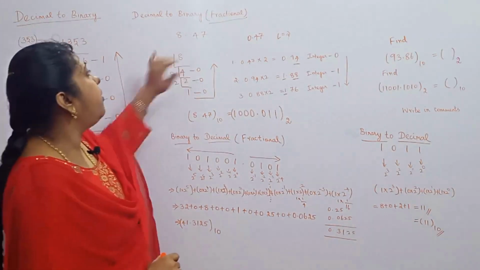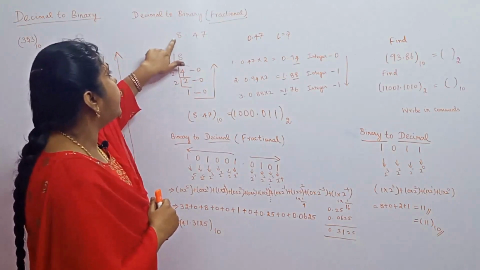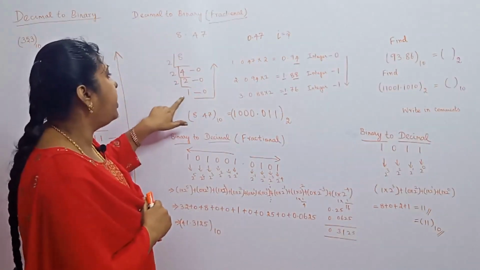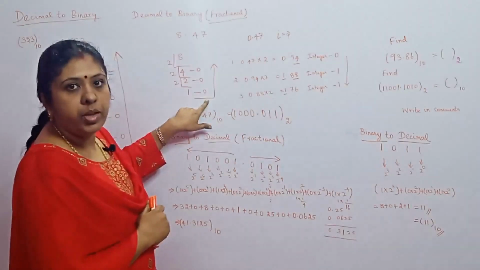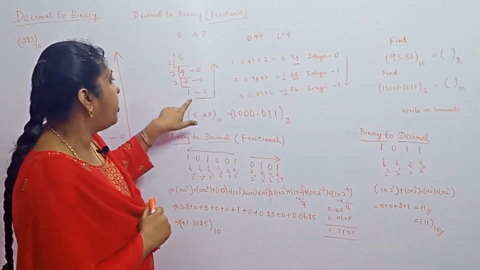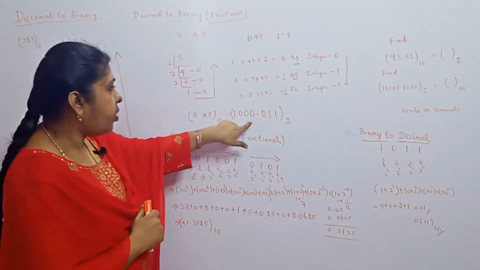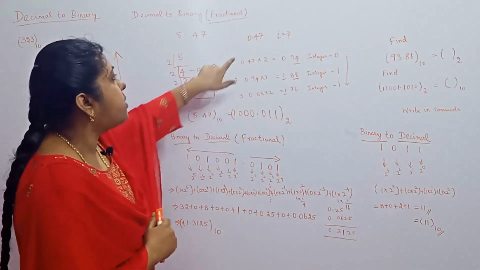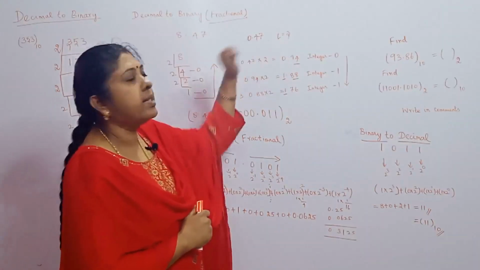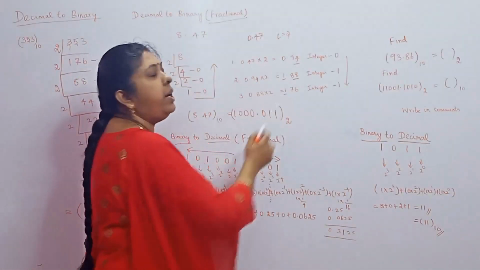And then when considering the fractional number 8.47, again the 8 is considered as a whole number, so 8 is continuously divided by 2 till it reaches ones and zeros. Again from bottom to top, this is written as 1000. Dot. This 0.47 is evaluated by considering 3 iterations, and 0.47 is multiplied by 2.